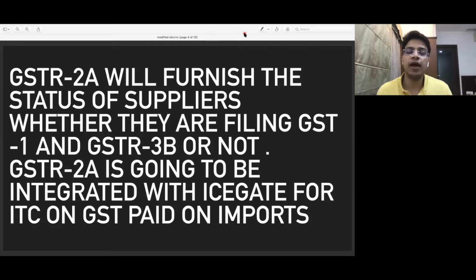Now the government is planning to integrate the 2A with the ICEGATE portal so that the IGST paid on imports is automatically reflected in 2A. Now 2A does not show the IGST that you have paid on imports, but as per the new modified returns, this feature would be available where 2A will reflect the IGST paid on imports.